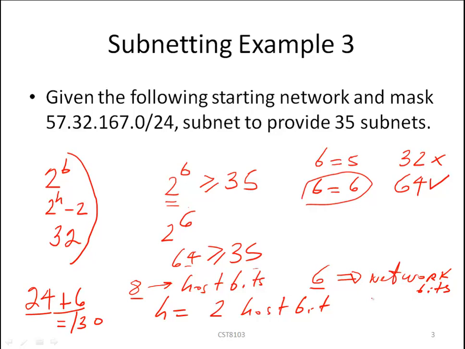Now, with 2 host bits, how many usable hosts do we have per network? It's 2 to the h, where 2 to the 2 is 4, minus 2 is 2. So we have exactly 2 usable IPs per new network or per subnet. Incidentally, on the internet, we have a lot of point-to-point connections.